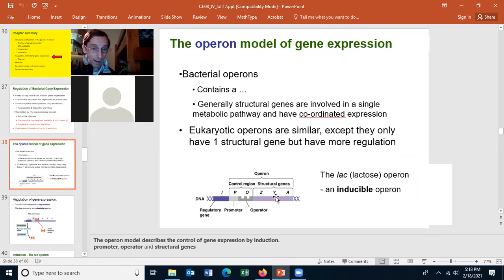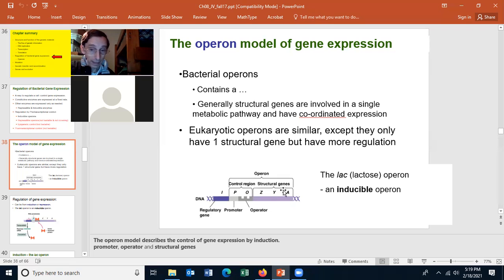Like for the lac operon, the Z gene codes the enzyme lactase to break the sugar lactose down into beta galactose and glucose. The Y gene is the transport protein that brings the sugar lactose across the cell membrane.